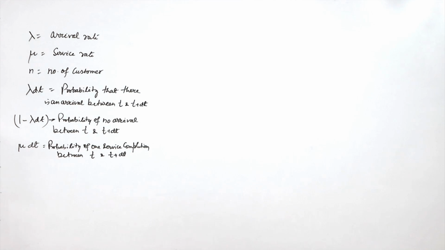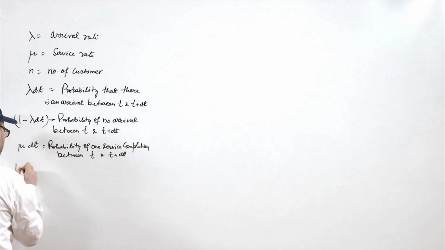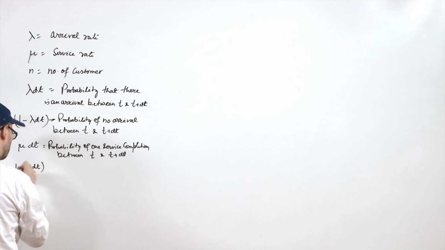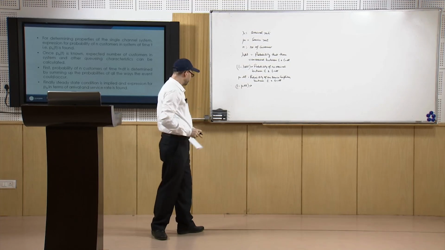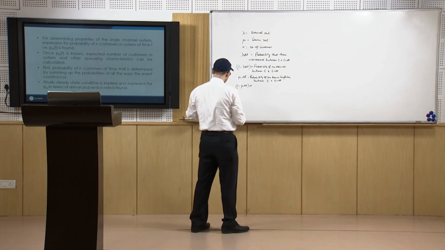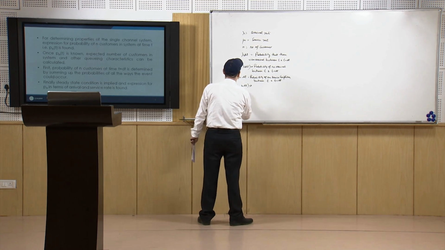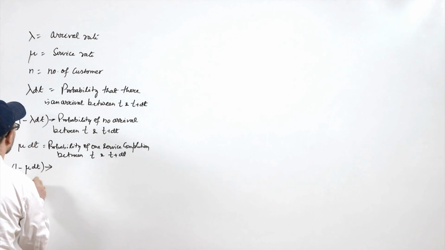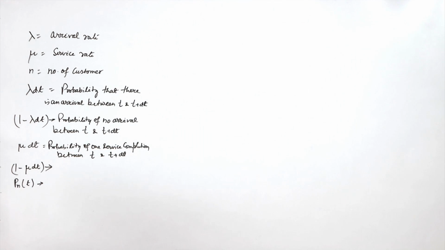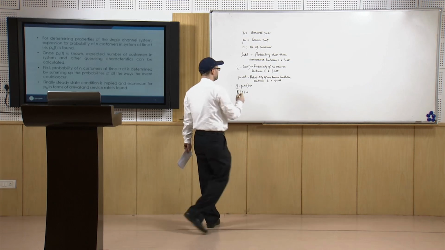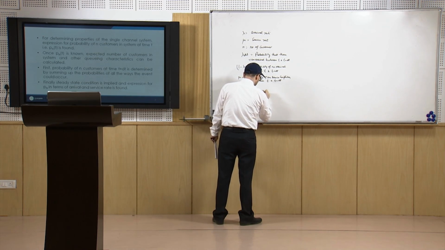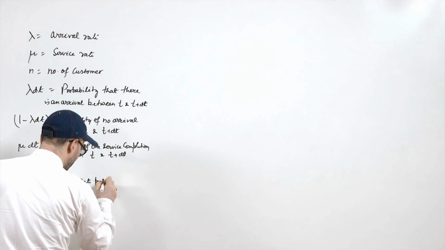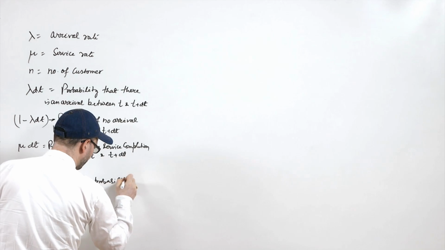Similarly, 1 minus mu dt is the probability that there is no service completion between time t and t plus dt. Another terminology is P n T. When we use this T, it means it is the transient state probability of having n customers at time t.